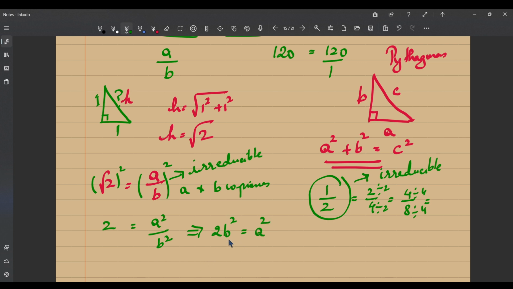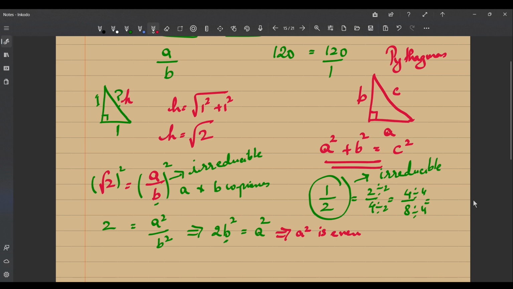Now b is an integer, so b square is an integer. So 2 multiplied by b squared has to be even. So a squared is even.